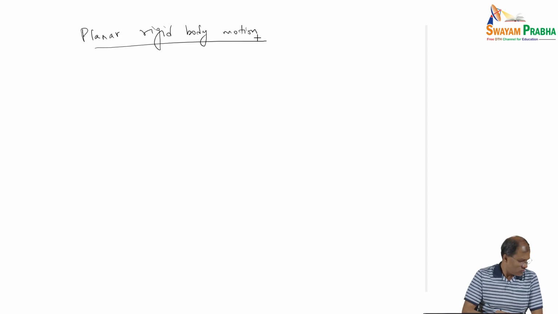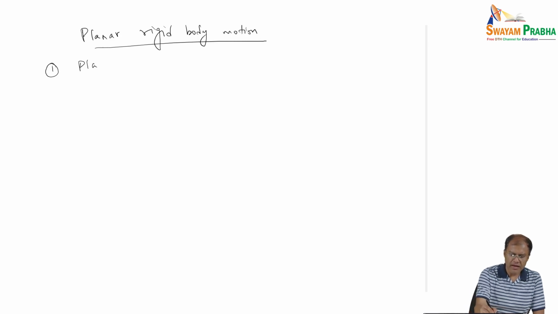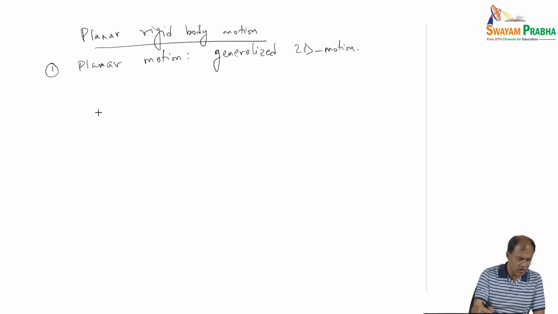Of course, we are talking about the planar motion. So this is the generalized 2D motion, and we are talking about a system in planar motion.